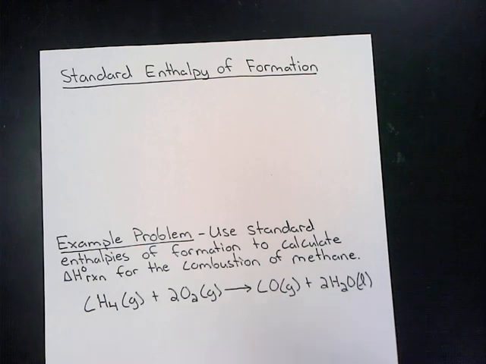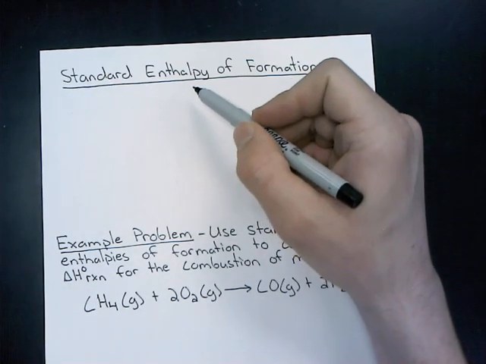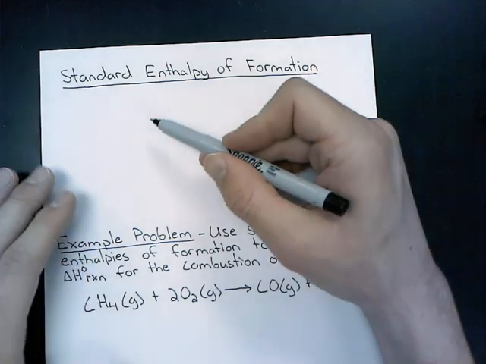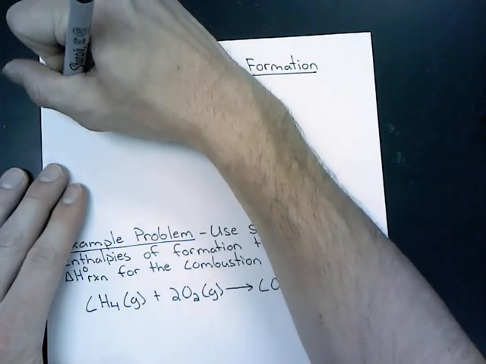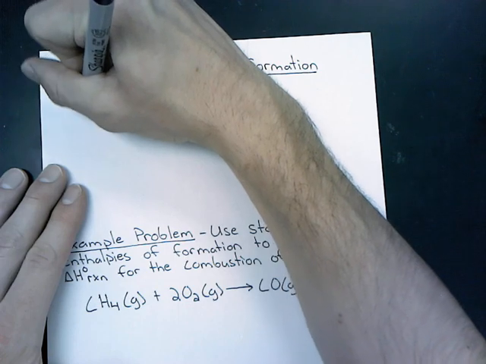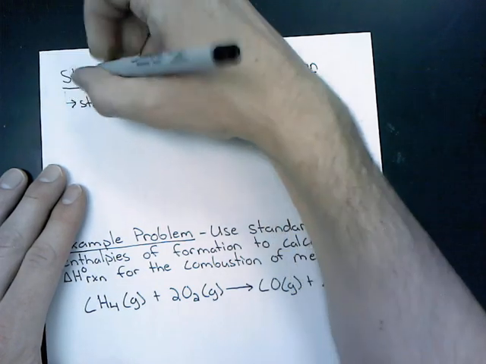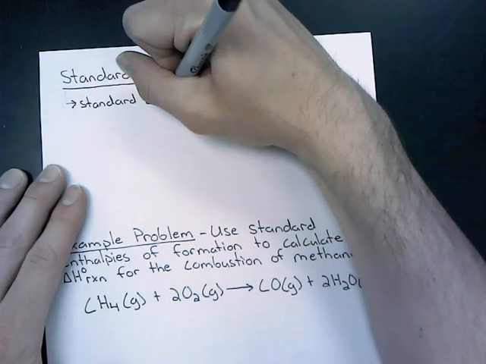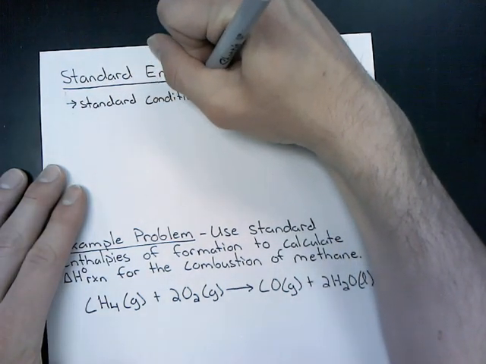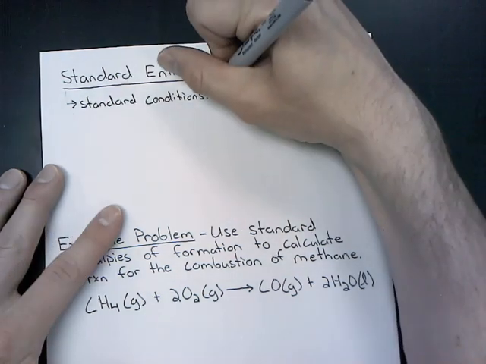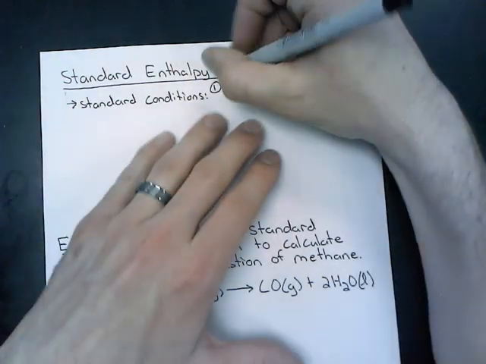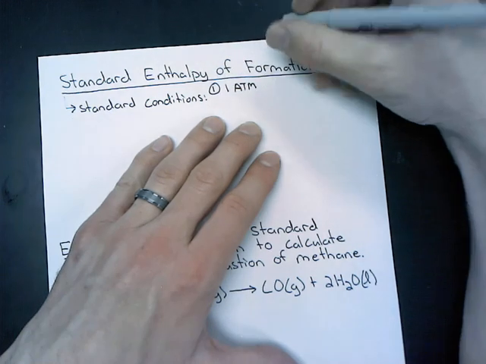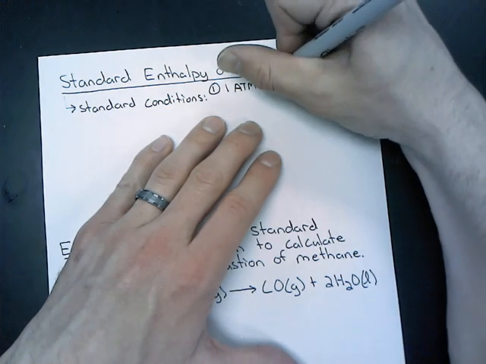So number one, with our standard enthalpy, what we're finding is the enthalpy change under standard conditions. So standard conditions are as follows. There are two things. Number one, we are at 1 atmosphere, ATM, of pressure.